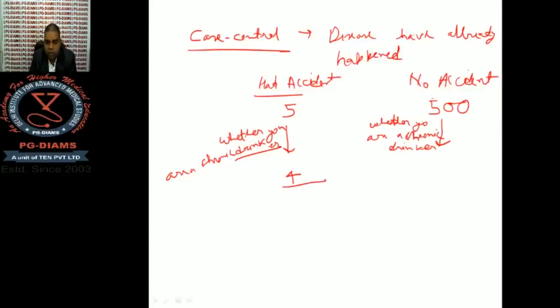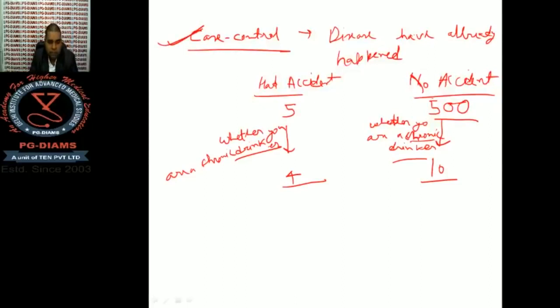And out of these 500, suppose 10 said, yes, I am a chronic drinker, but I did not have an accident. So this type of study will be a case control study.